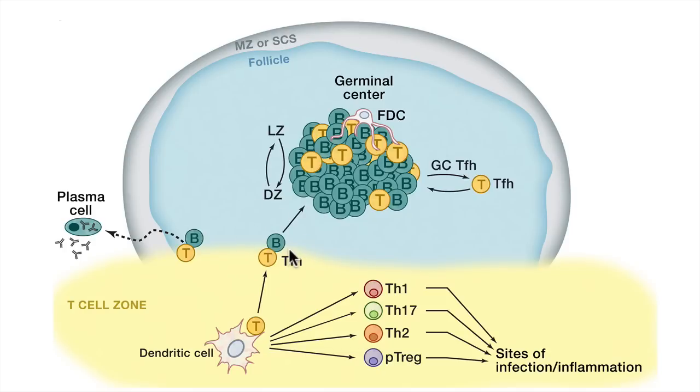And this is occurring before the development of germinal centers. And then there's a third stage of differentiation wherein the TFH differentiate into full germinal center TFH cells commensurate with the development of the germinal center itself.